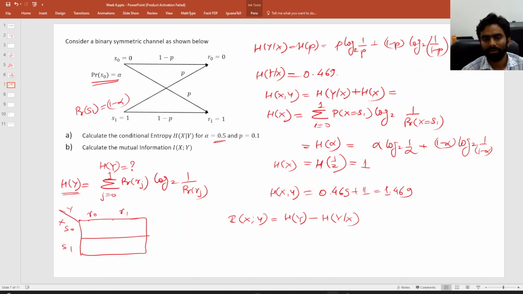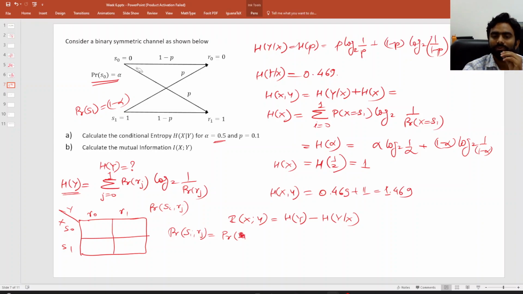So one of these columns will represent the probability of Si, comma Rj. So here to find that we can use conditional probability.